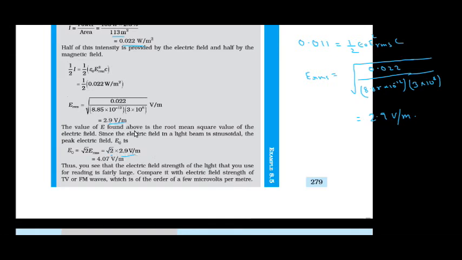So ultimately the value of E naught is 4.07 volt per meter. Thus you can see the electric field strength of the light that you use for reading is fairly large. Compare it with the electric field strength of TV or FM waves, which is of the order of a few microvolt per meter.